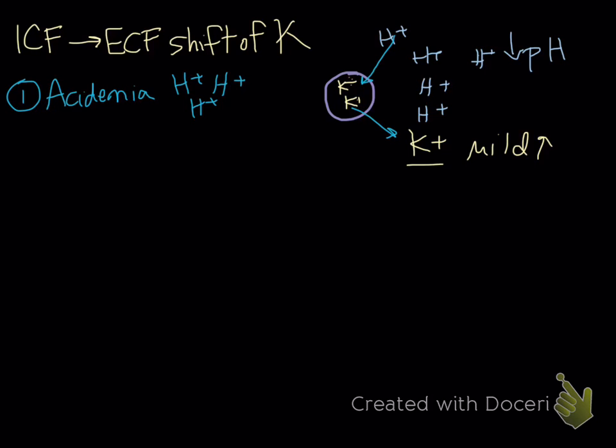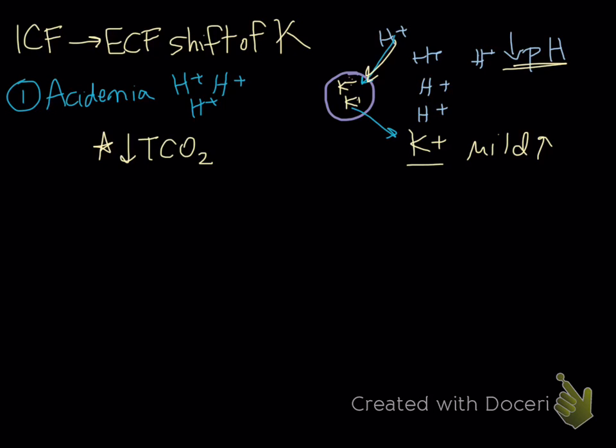So acidemia can cause this shift, hydrogen ion into the cell, potassium out of the cell. So again, you're going to look for a low blood pH if you have a blood gas, but what we're really going to look for is a decrease in TCO2, which is equivalent to bicarbonate, which is HCO3.